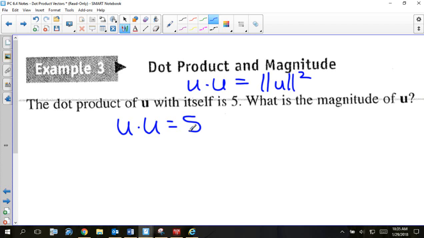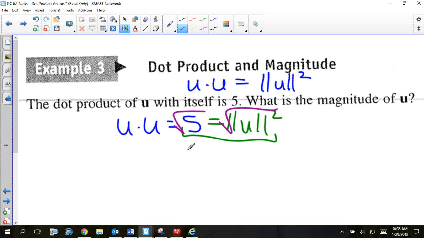Well, this formula equals the magnitude of u squared. So using this part right here, how can I find just the magnitude of u? Square root both sides. And then we'll have that the magnitude of u is equal to the square root of 5. Done.